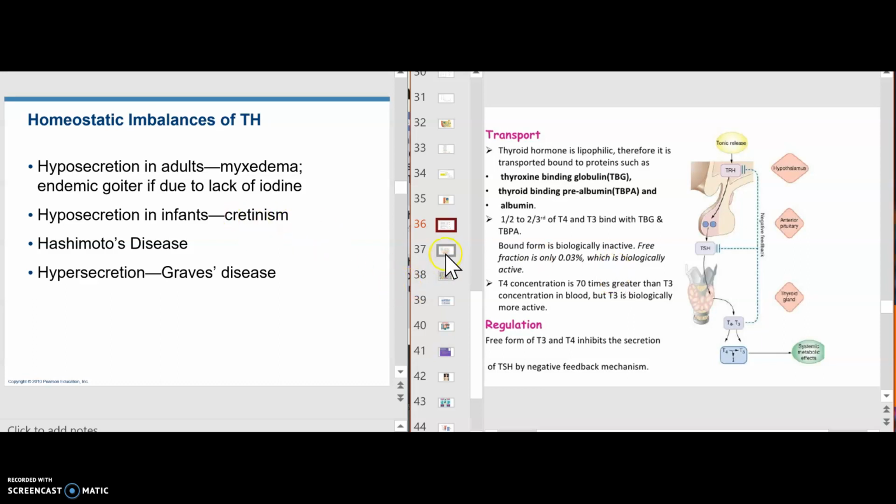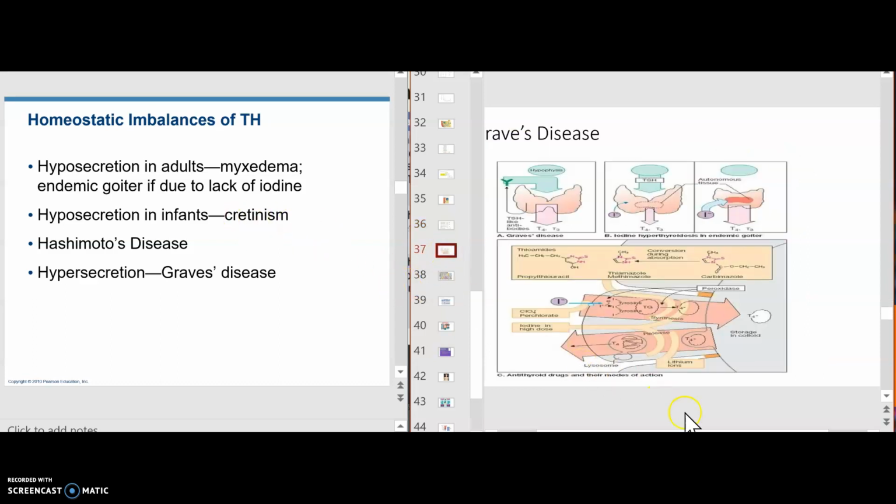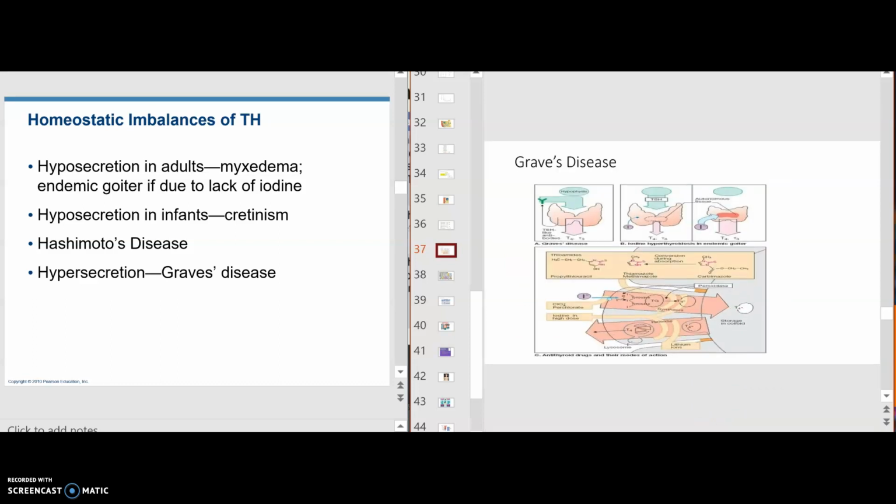So we go further now to Graves' disease. Graves' disease is where the immune system makes antibodies, and strangely, the antibodies resemble TSH.